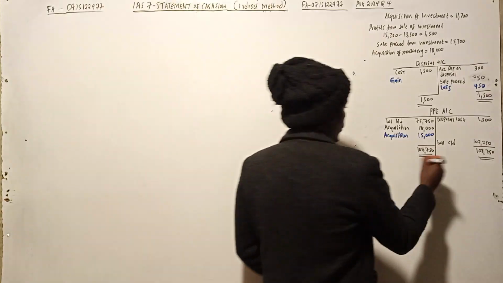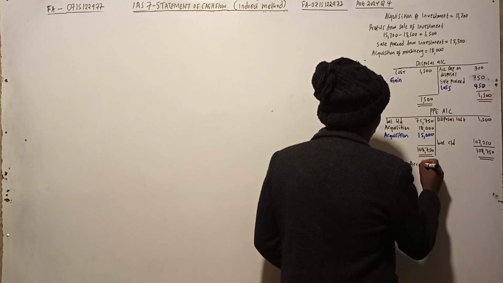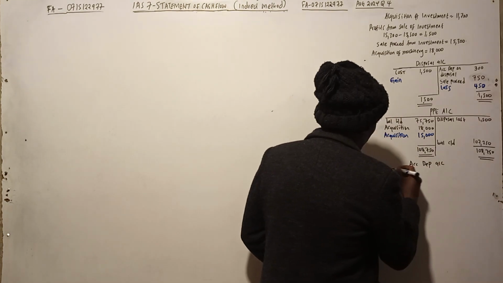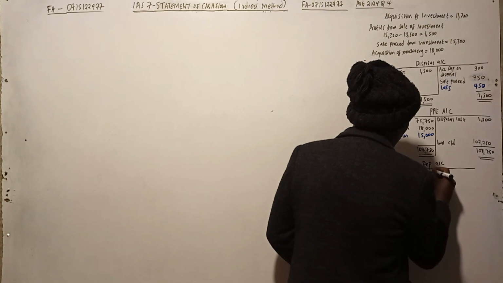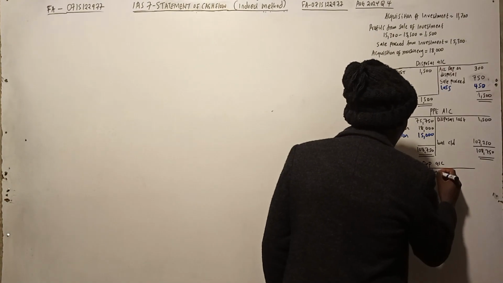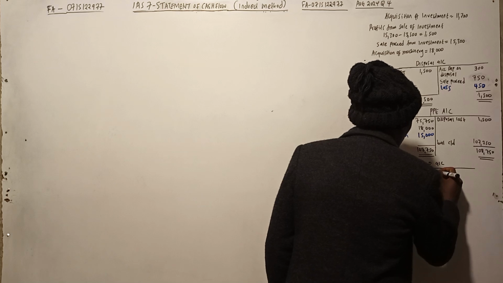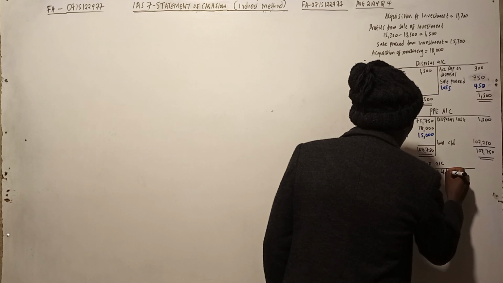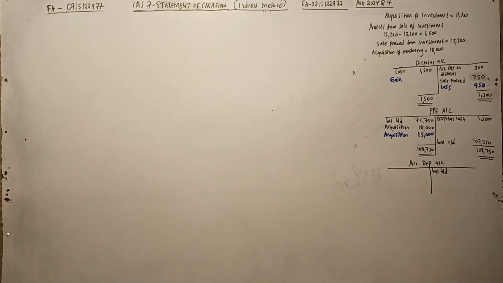So you prepare the accumulated depreciation account. We start with the balance brought down. Balance brought down iko huko juu kwa PP. So tunaenda kwa balance sheet yetu.